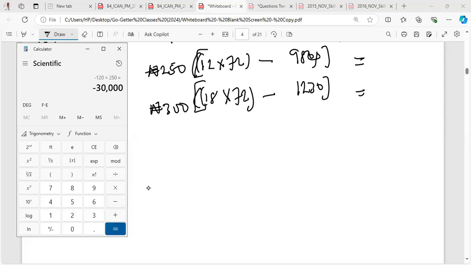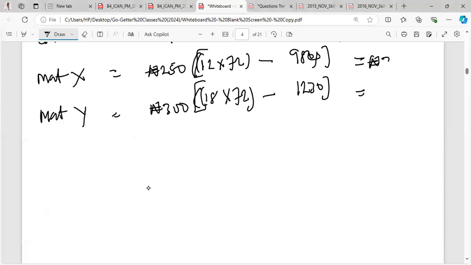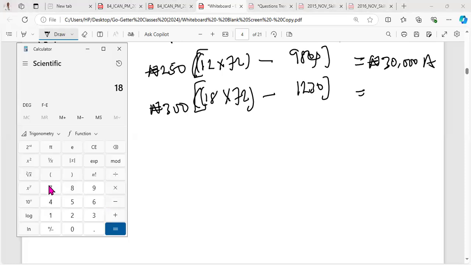So this is 30,000 adverse. And let's look at Y. We have 18 multiplied by 72. That gives me 1296. Now 1296, if you minus 1230, you have a positive number of 66. 66 multiplied by 300 gives me 19,800 favorable.